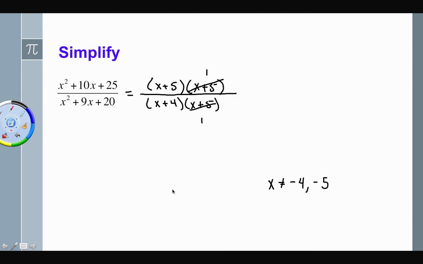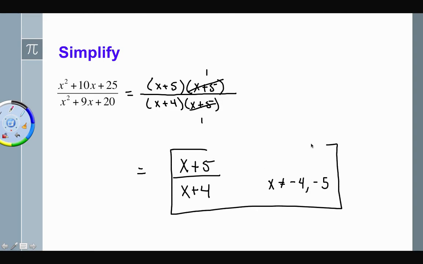They factor to ones. And I'm going to write my final answer as the leftover piece. So the leftover pieces are x plus 5 over x plus 4. The statement where x cannot be negative 4 and negative 5 is part of your final answer. And there we go, we have our answer to this first problem.